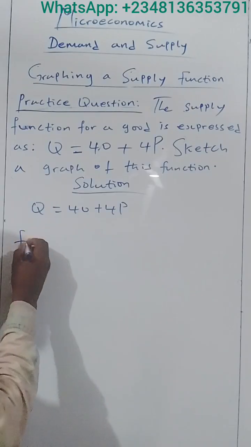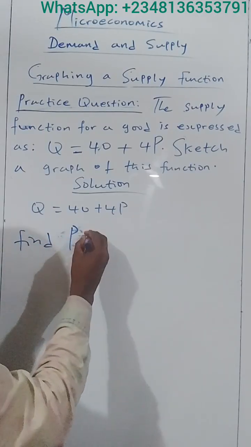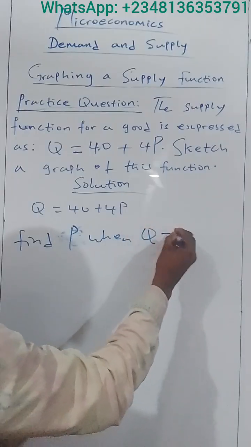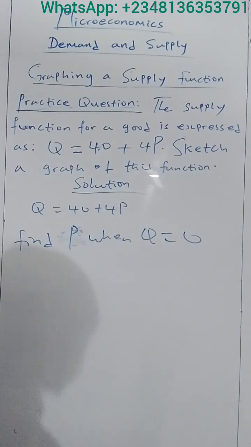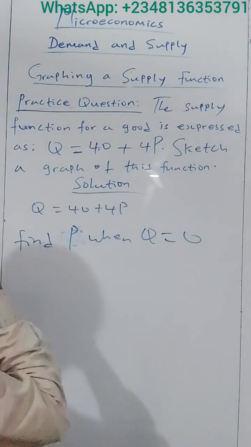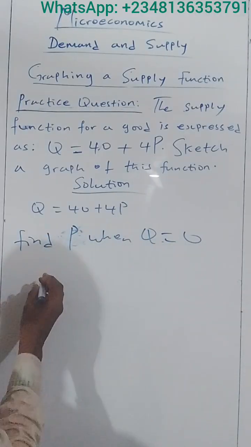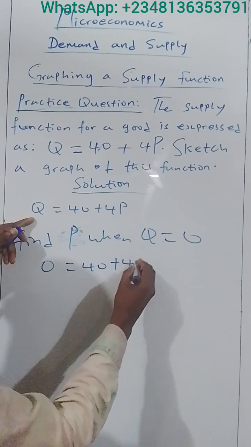So the first step is to find the value of p when q equals 0. Don't forget the value of p when q equals 0 is known as the supply choke price, like I explained in my previous video. Anyway, in other words, wherever I see q, I put 0 here. So then I have 0 equals 40 plus 4p.